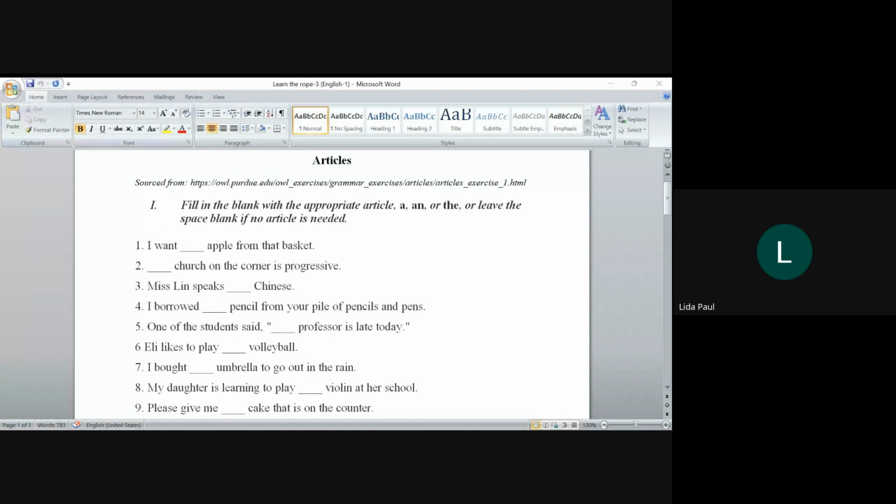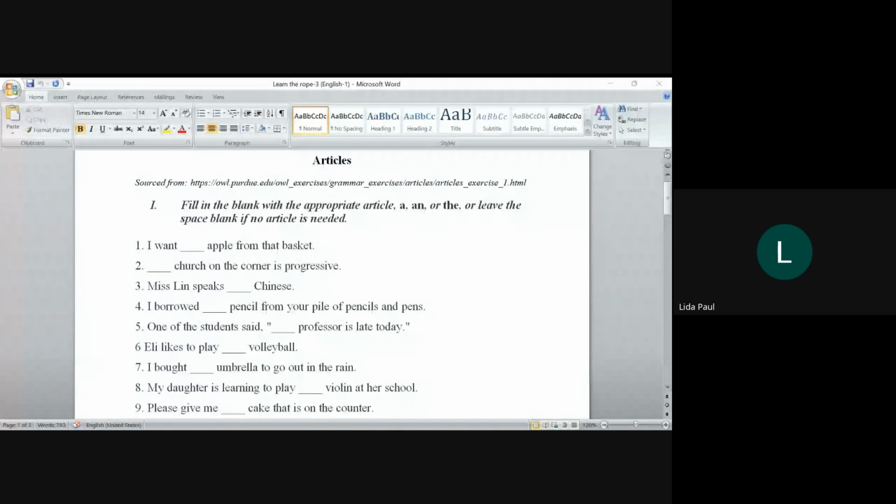Okay. There's no space for an article to sit anywhere, right? Because to dance is an infinitive verb. To dance. We don't have any noun. So if you don't have any noun, then the question of articles doesn't arise. Okay.